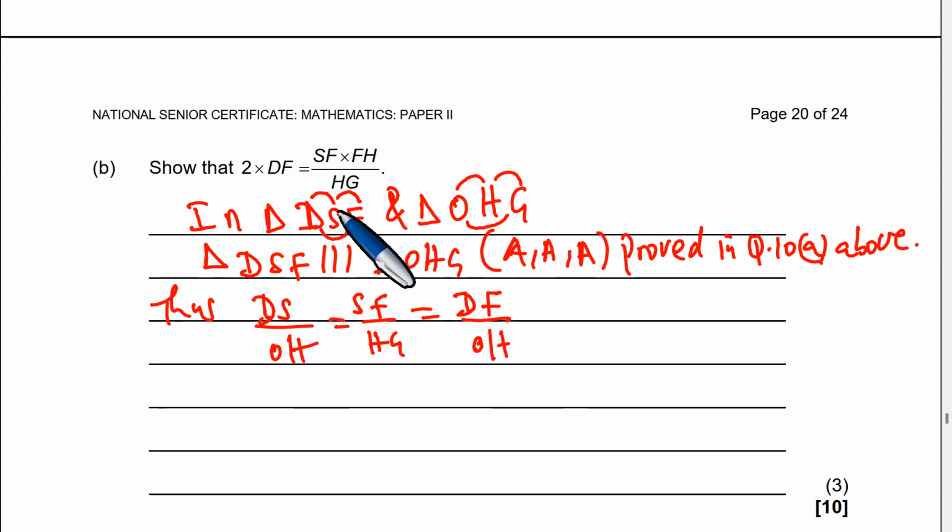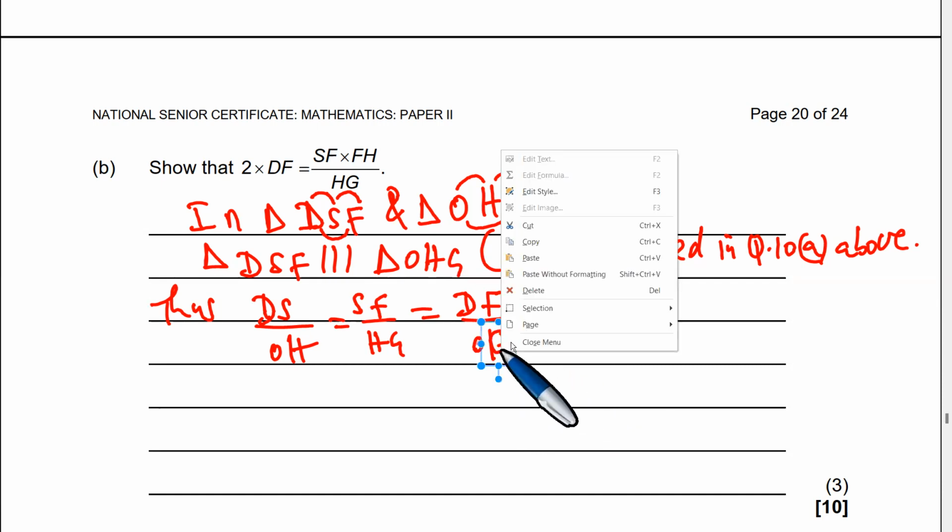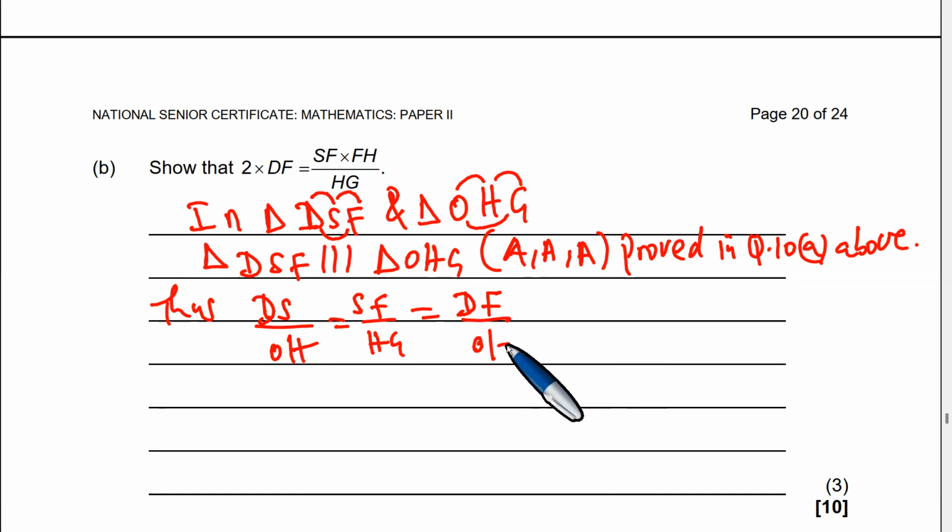So you started with DS, OH. Then you take SF, HG. Then you take DF, OG. Right, just note that. Let me just remove this here. Okay, we're finishing with this question.